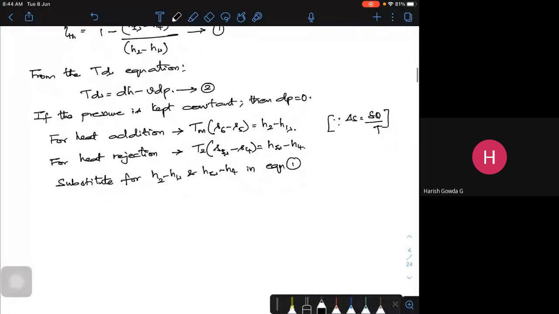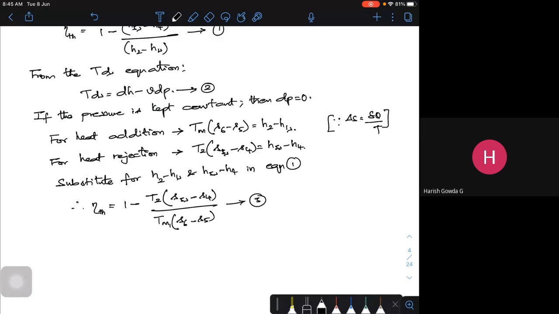Then what will happen to your thermal efficiency? Your thermal efficiency is equal to 1 minus T2 into (S3S minus S4) divided by Tm1 into (S6 minus S5). Let me call this equation number 3.